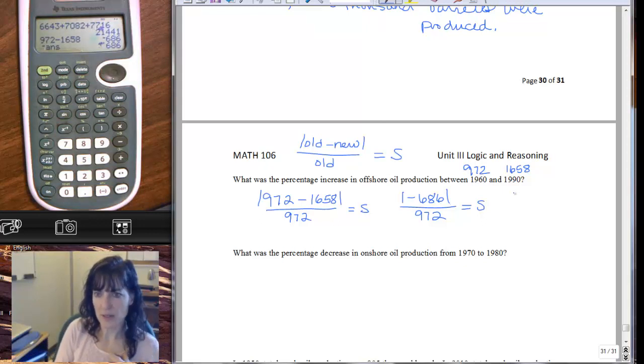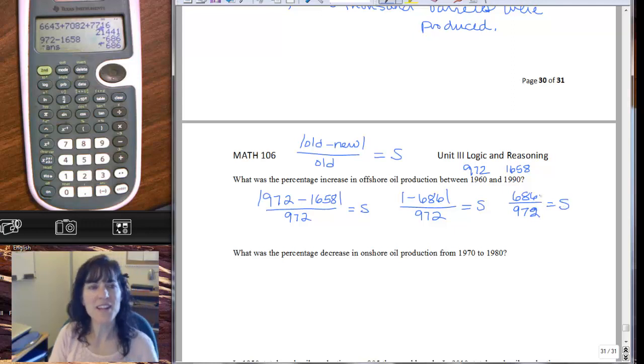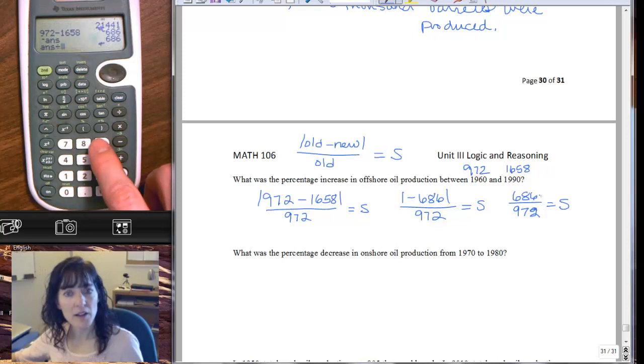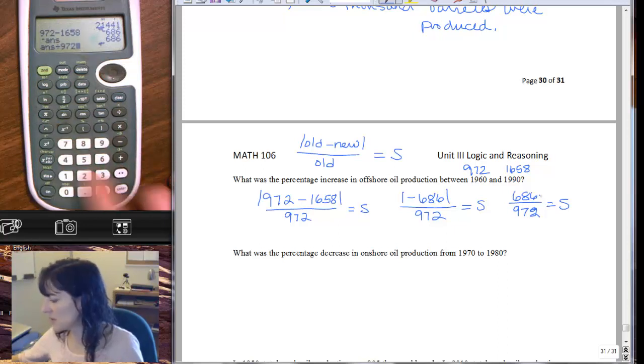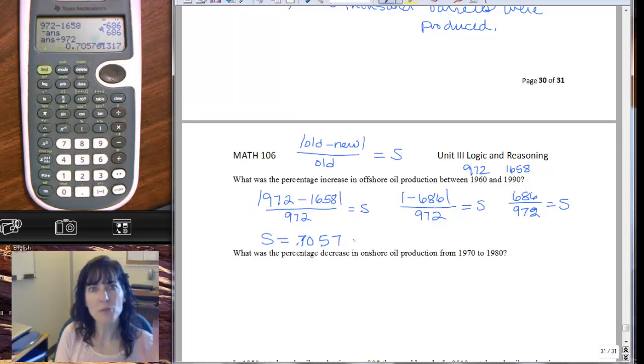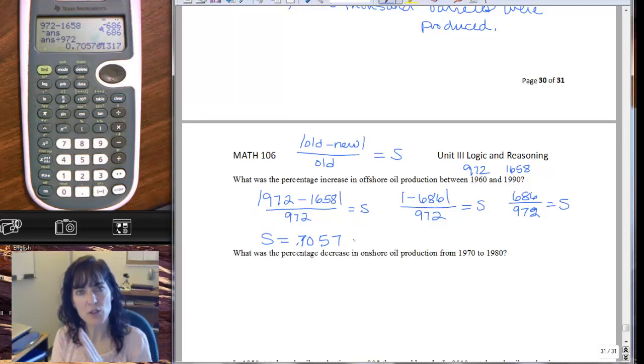So our next step is going to be 686 over our old of 972, and that's still our S. Now we're finally ready to divide, so just divide by 972 equals, so my S equals 0.7057, and remember, you have to move your decimal 2 places to the right or multiply by 100.